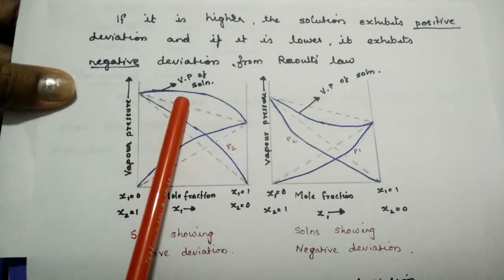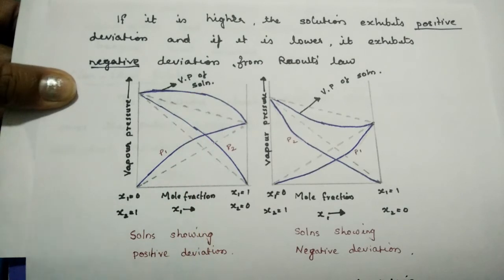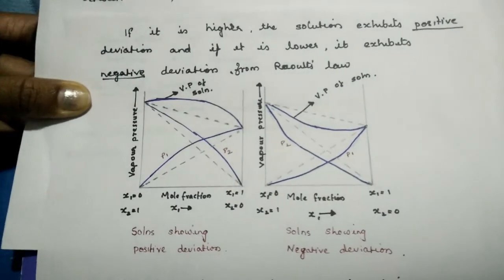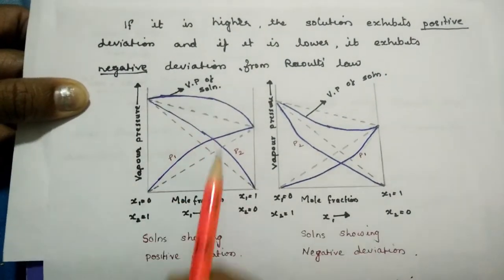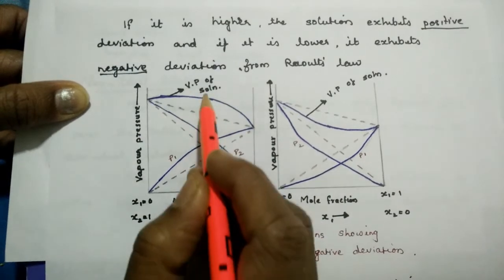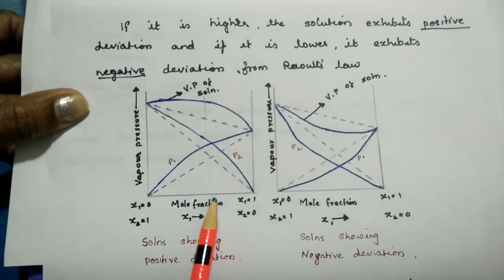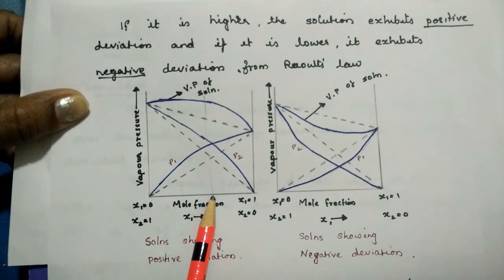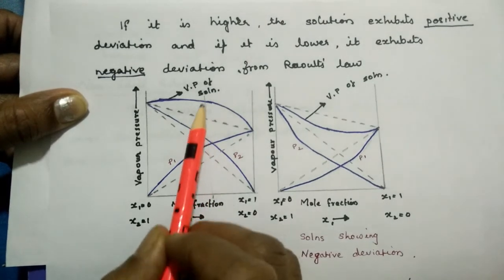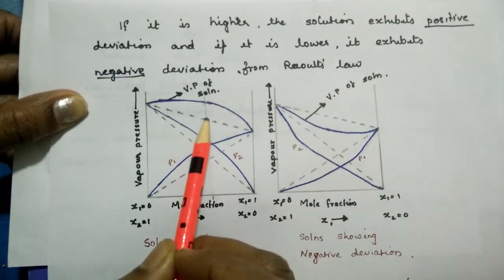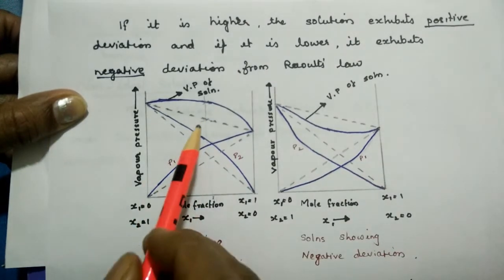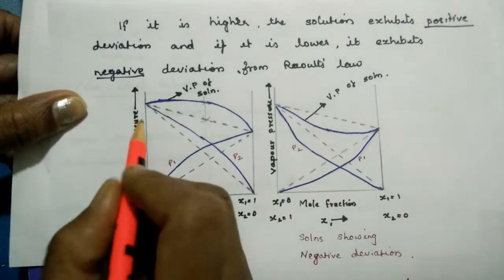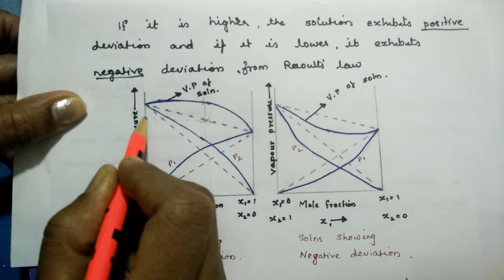If we are plotting a line here, you can see that at this position, when x is equal to this one, you are getting the vapor pressure here, not here. This is the expected one. That is, the solution follows Raoult's law and gets this vapor pressure from here only.